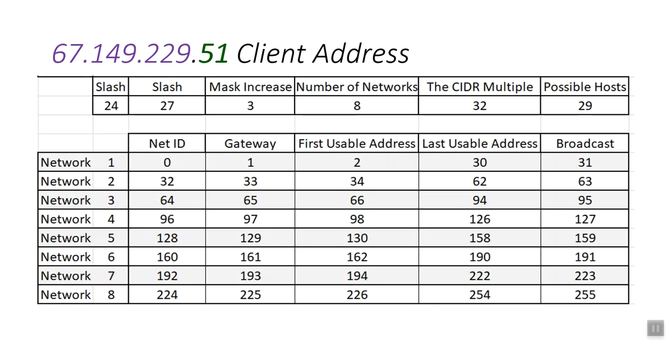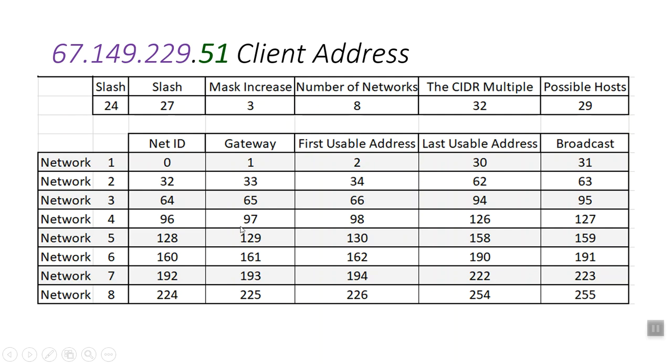Using the /27 template with this client address, you'll see a /27 is a subnet mask increase of 3 from a /24. There are 8 possible networks. Each of the 8 networks has different IDs.